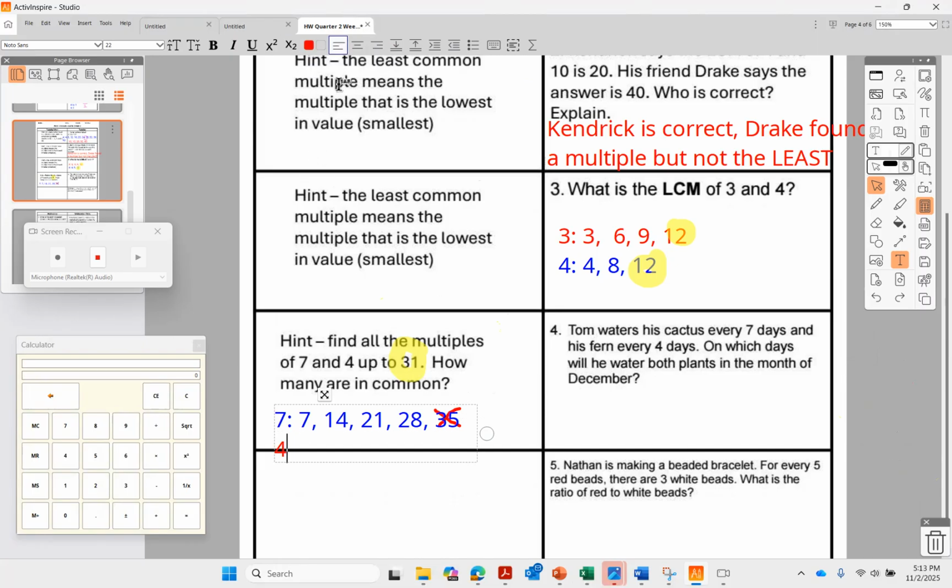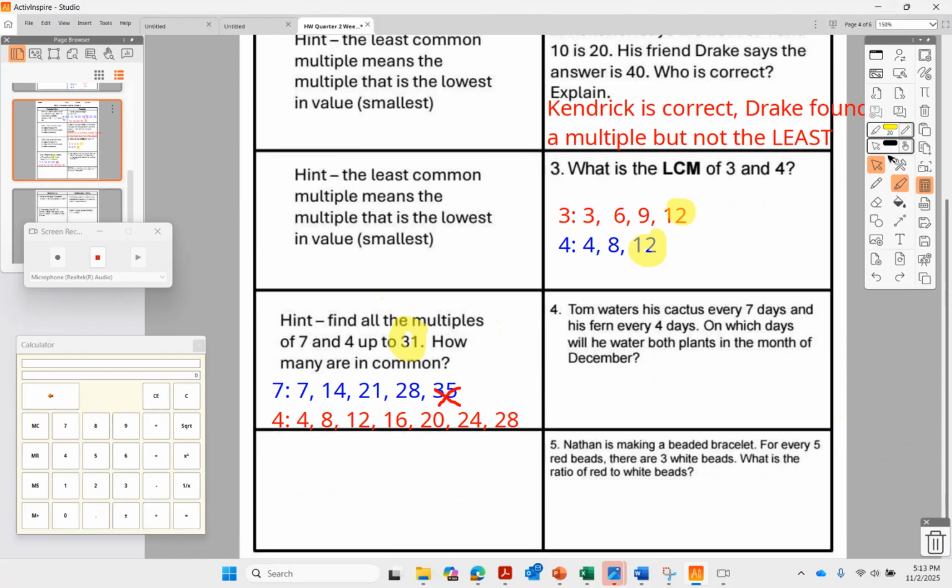4 times 1 is 4. 4 times 2 is 8. 4 times 3 is 12. 4 times 4 is 16. 4 times 5 is 20. 4 times 6 is 24. So the only one that these have in common is 28.